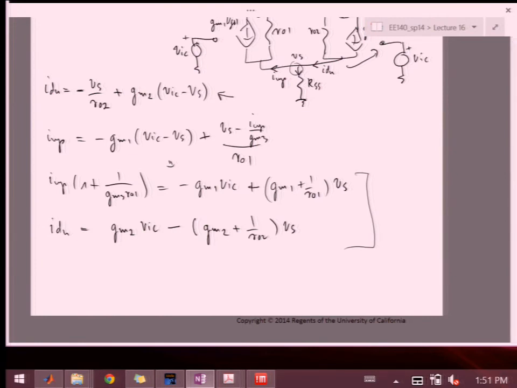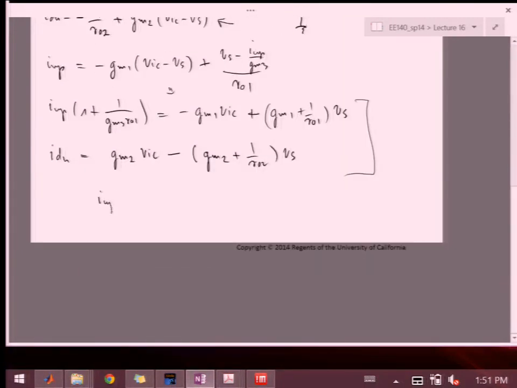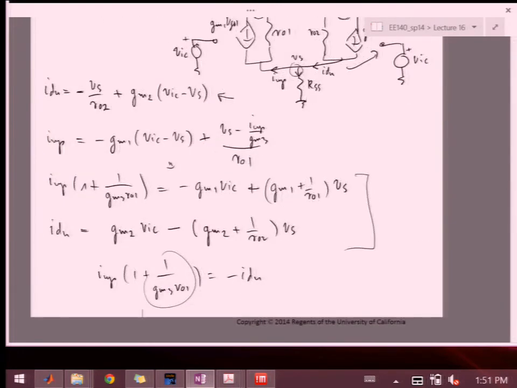Okay? So I can say that I up 1 plus 1 over GM3 RO1 equals minus I down. So this is where our difference is, right? The fact that we didn't neglect what was happening with VS.